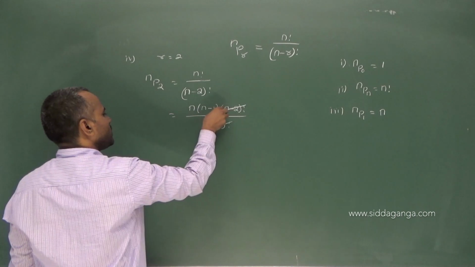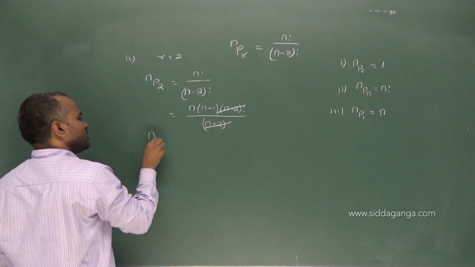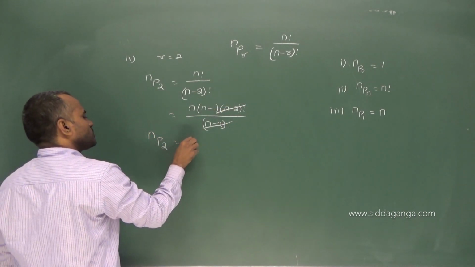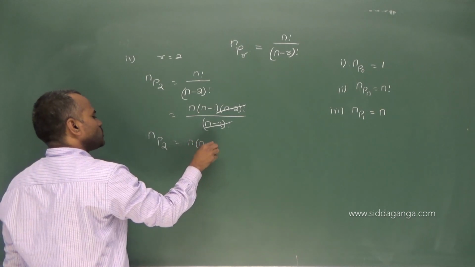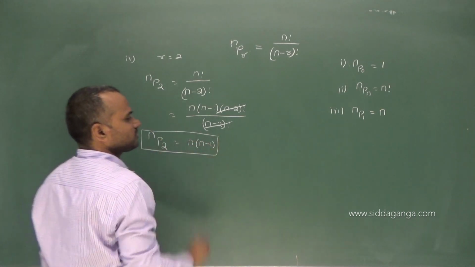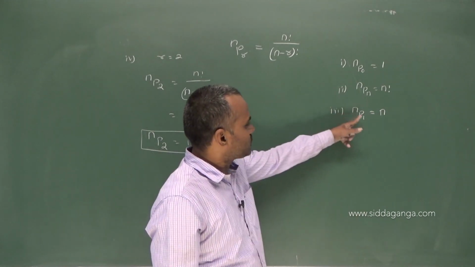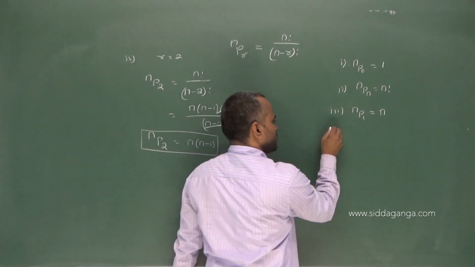The (n minus 2) factorial cancels. So nP2 is n into (n minus 1). Very simple result. If r is 1, it is n. Fourth result.